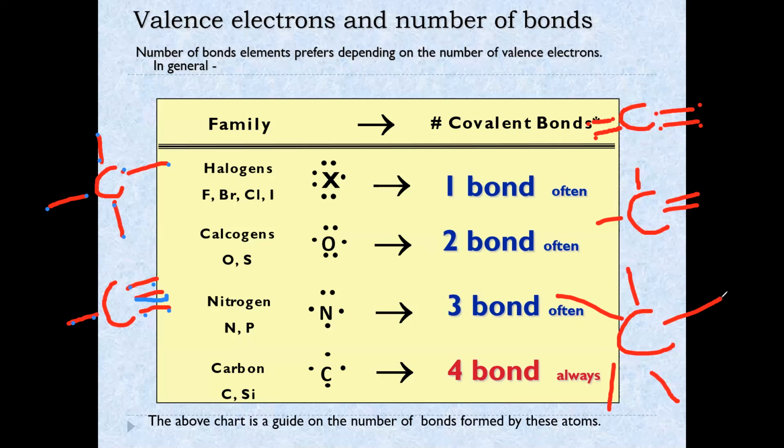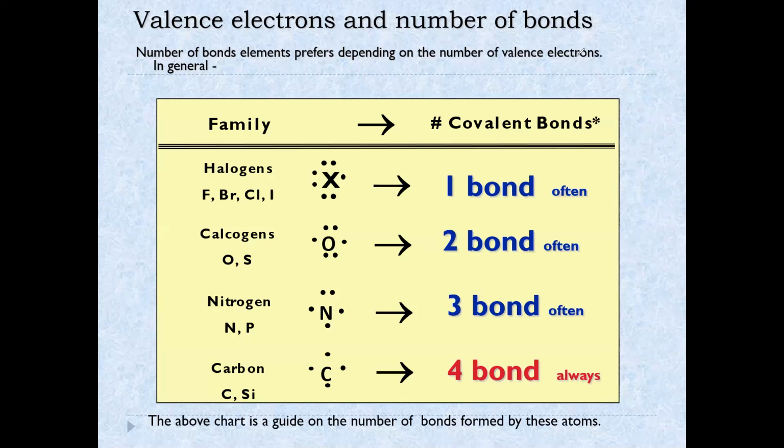So these are the rules that govern our Lewis structure. Once you know this, when you're drawing your skeletal structure, you won't give more than the necessary number of bonds. So this is a guide to tell us the number of bonds that can be formed by these elements. Similarly, hydrogen cannot have more than 1 bond. Hydrogen can only have 1 single bond.